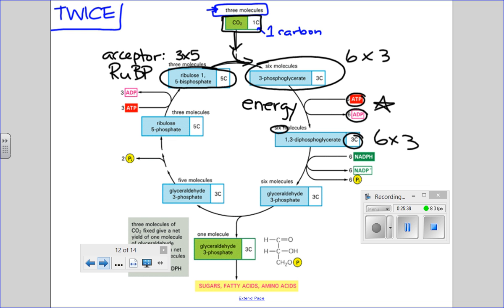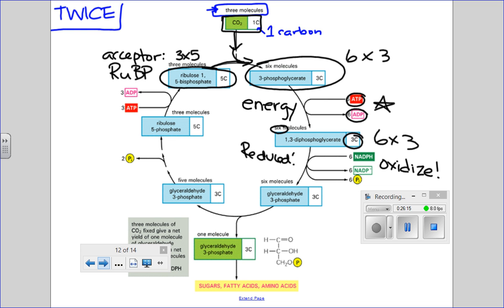The next step is to use 6 NADPHs and to get 6 NADP after that. So over here, let's write the word oxidize. I am oxidizing NADPH. It had a hydrogen, I'm taking it away. If NADPH is being oxidized, that means my compounds are being reduced.